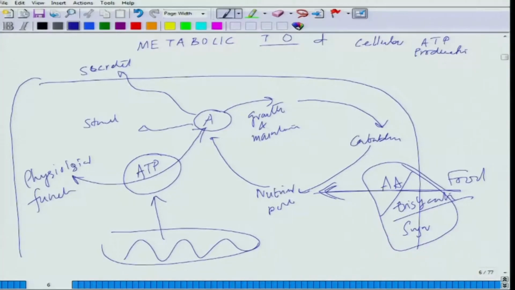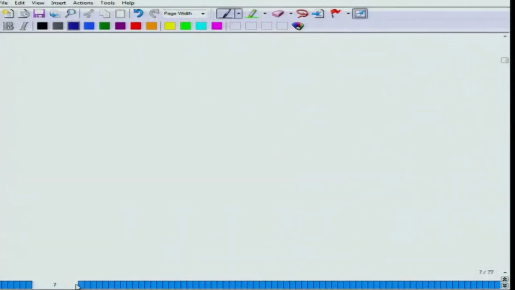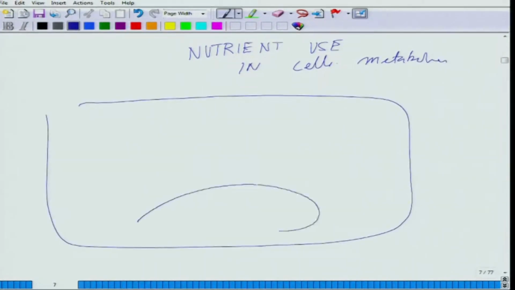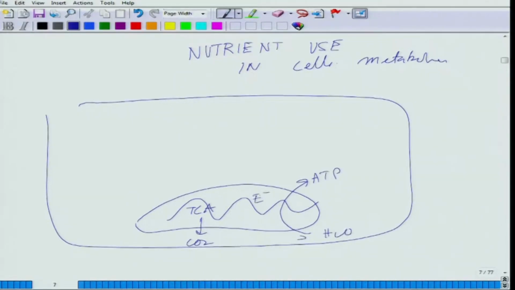If you look at the nutrients used in cellular metabolism, it is something like this. You have the mitochondria, where the TCA cycle is taking place, we will come to that, which produces carbon dioxide, and in that process you have ATP production using the electron transport chain.